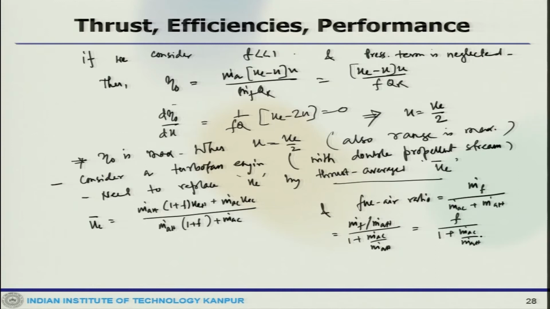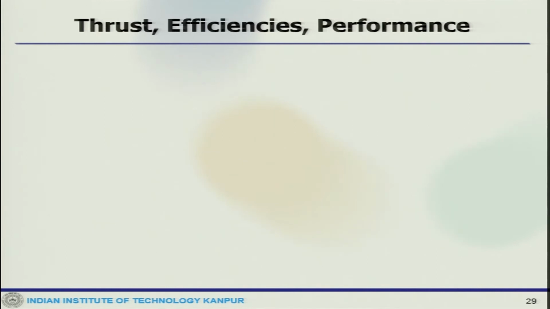So, using this average u e and this fuel air ratio, one can write that eta naught would be (1 plus m dot a c by m dot a h) times (u e bar minus u) by f Q R, into u.